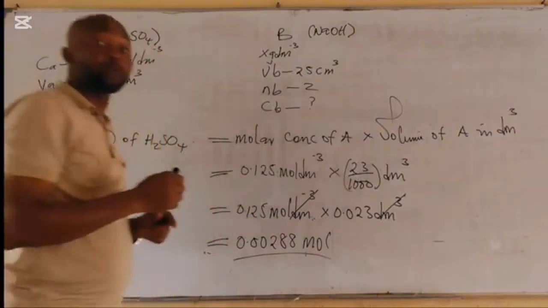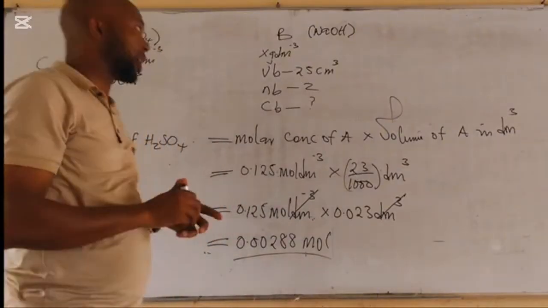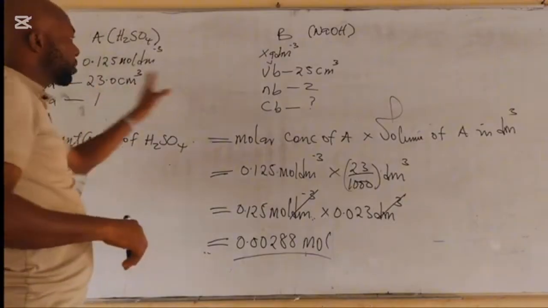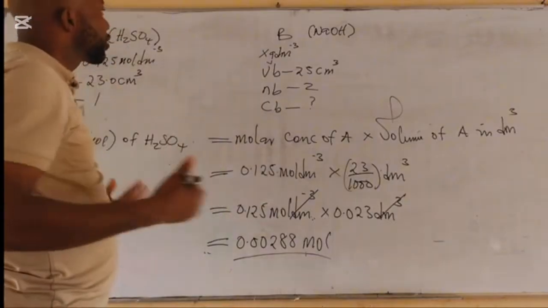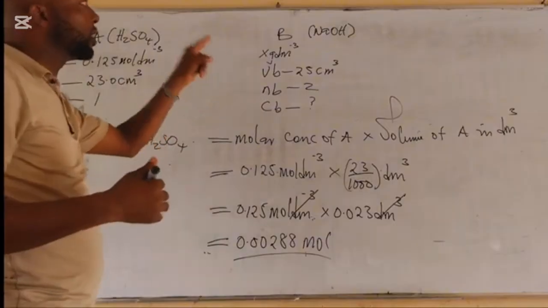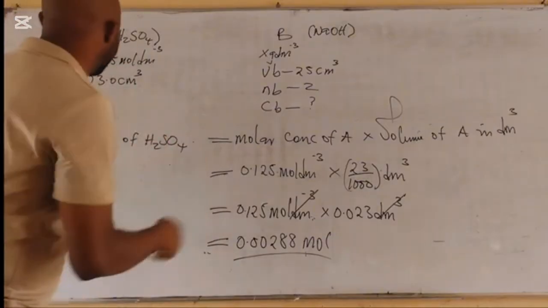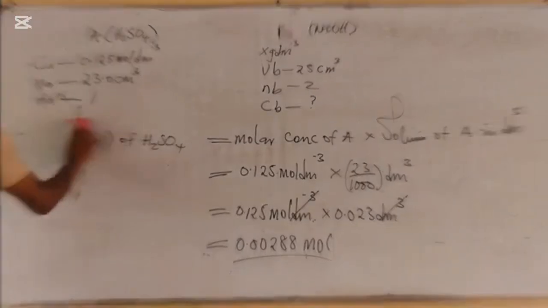That would be what we're going to make the subject of formula. The volume of the acid is there, volume of the base is there, number of moles of acid, number of moles of base, which means the best formula to use in getting the concentration of the base is the CAVA formula. So let's see how we go about that.